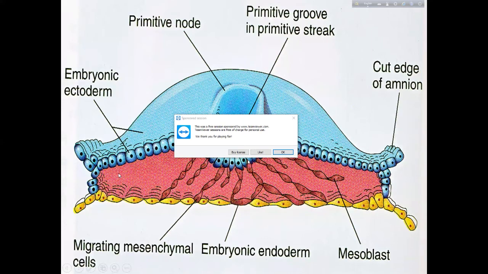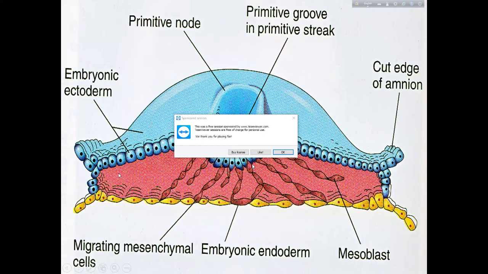The epiblast cells are invaginating, the red cells, and look at the hypoblast, the yellow cells. These red cells are mesenchyme, they come from epiblast, and some of the mesenchymal cells will become mesoblast.